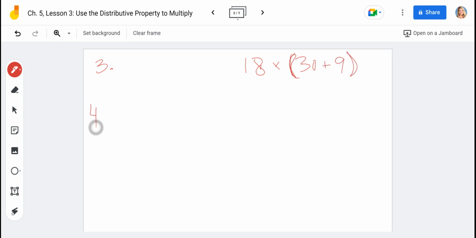On number 4, and please do the same thing, decompose the same number on your area model over here that you decompose on your distributive property. So on number 4, we are going to keep 17 the same and decompose 48.